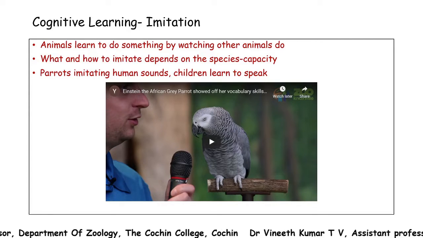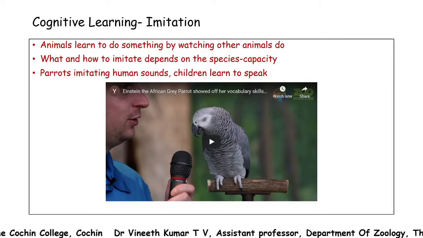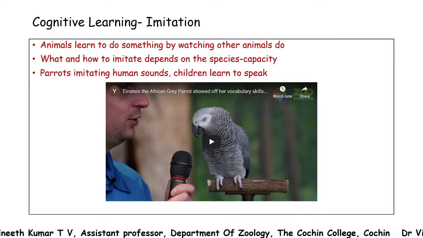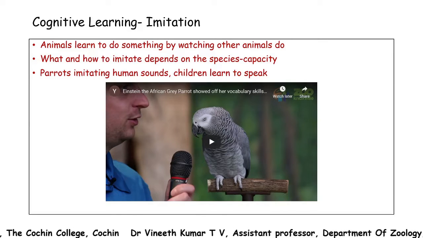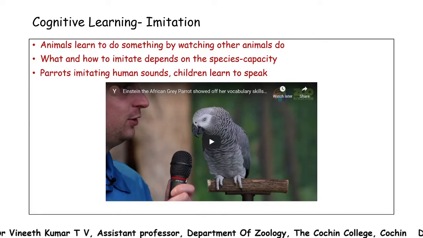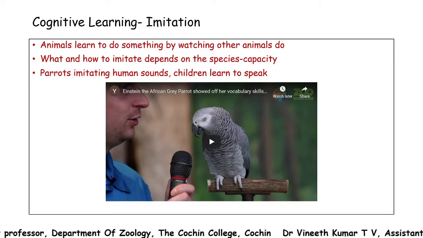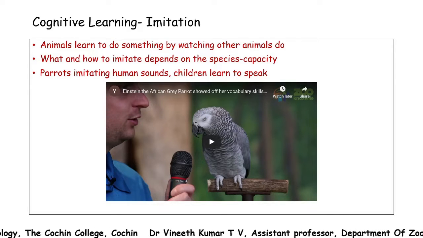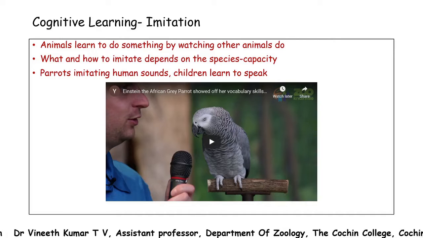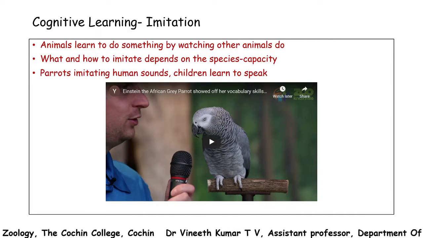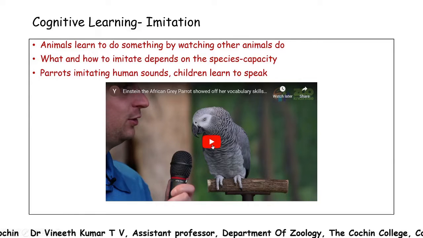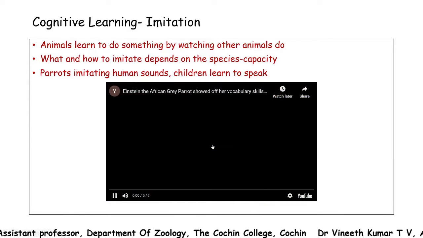For example, a parrot imitating the voice of humans, children learning to speak, and other birds or animals imitating other animals. Every animal cannot imitate at the same level. That is why it is said that it depends on the capacity of the species to imitate. And here you can see a video of a parrot imitating human sounds.